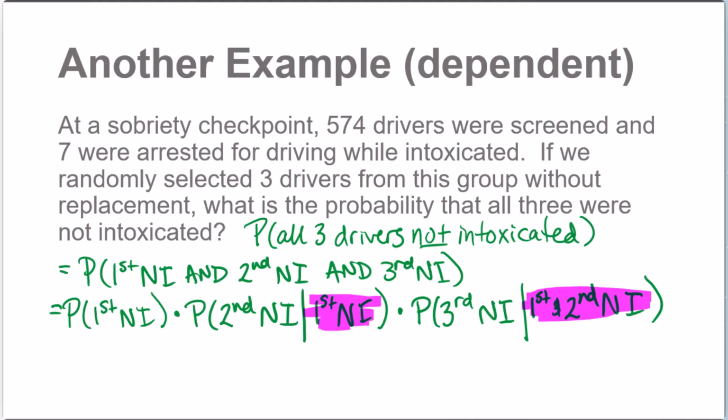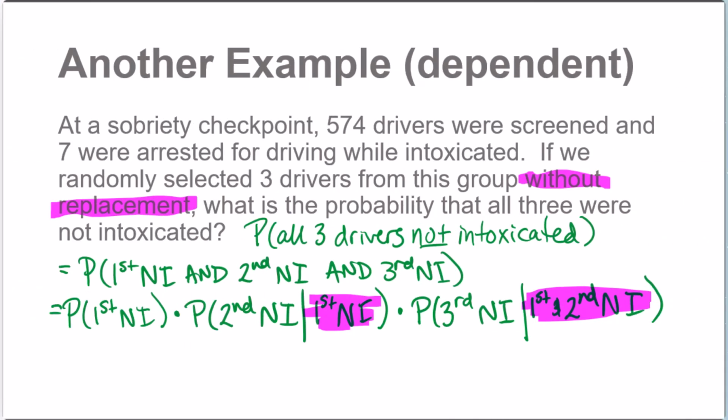And in this case, it does make a difference because these 3 people are being selected without replacement from the group of drivers. So if the first person was not intoxicated, and we sort of removed them from the group, then when I go to select the second person, the probability that they're not intoxicated is going to be a little bit different, and we have to adjust for that.